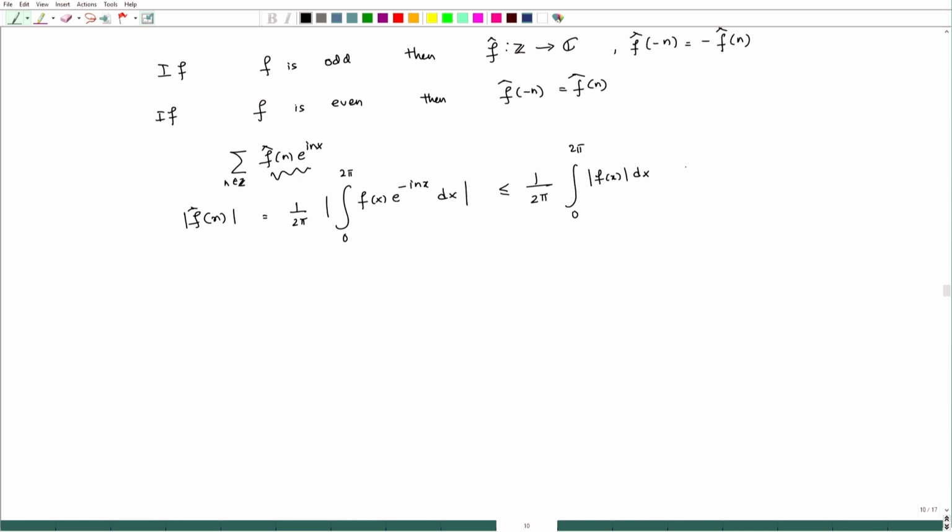So, therefore, this is independent of n, this is equal to, let us say, M f. Therefore, supremum over n in Z of mod of f hat of n is finite, because the right hand side is no more dependent on n.